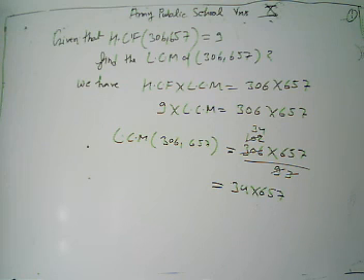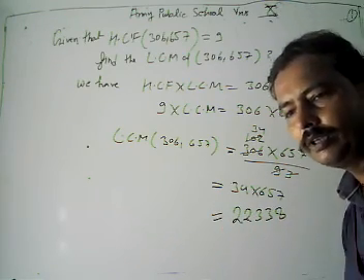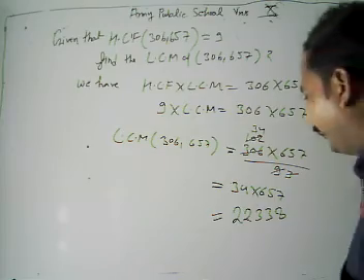Multiplying, we get 22338. Again we verify it. Okay, we get 22338.